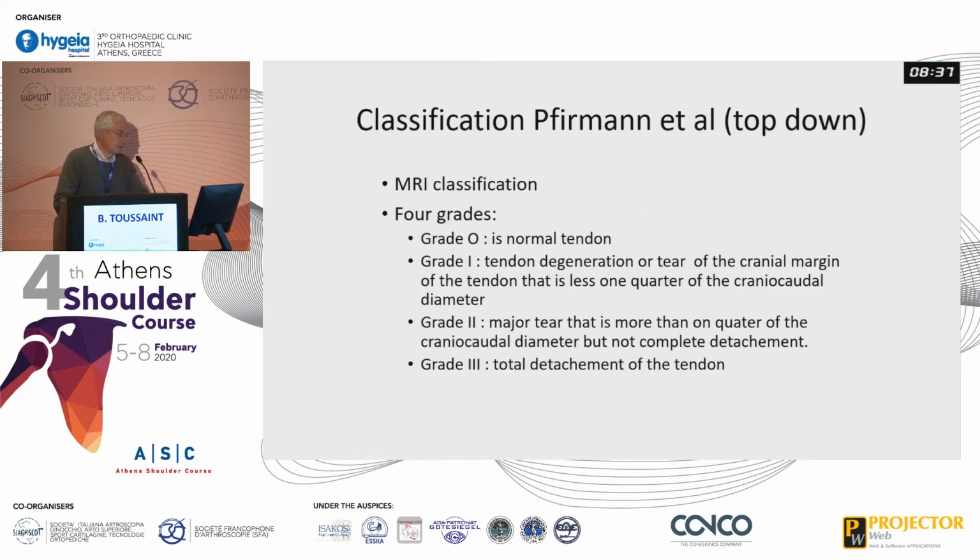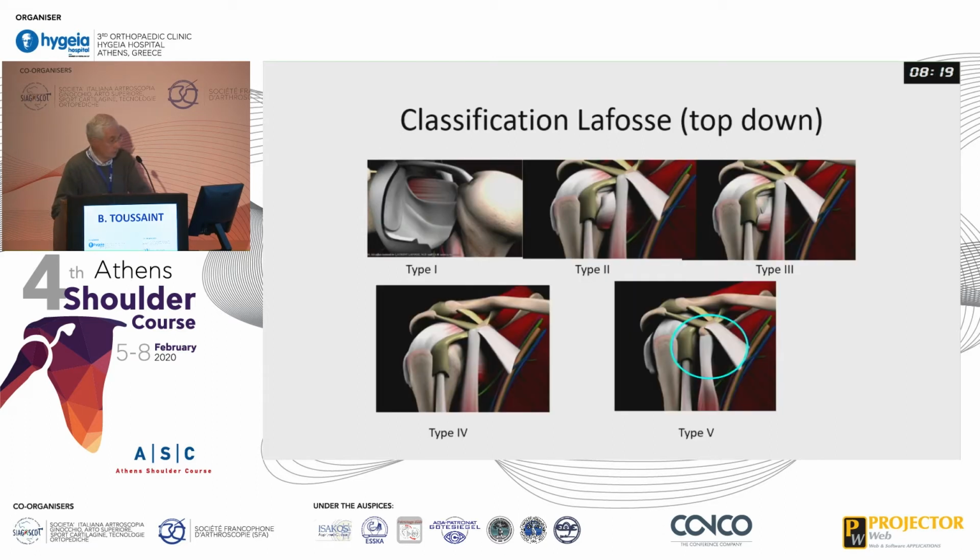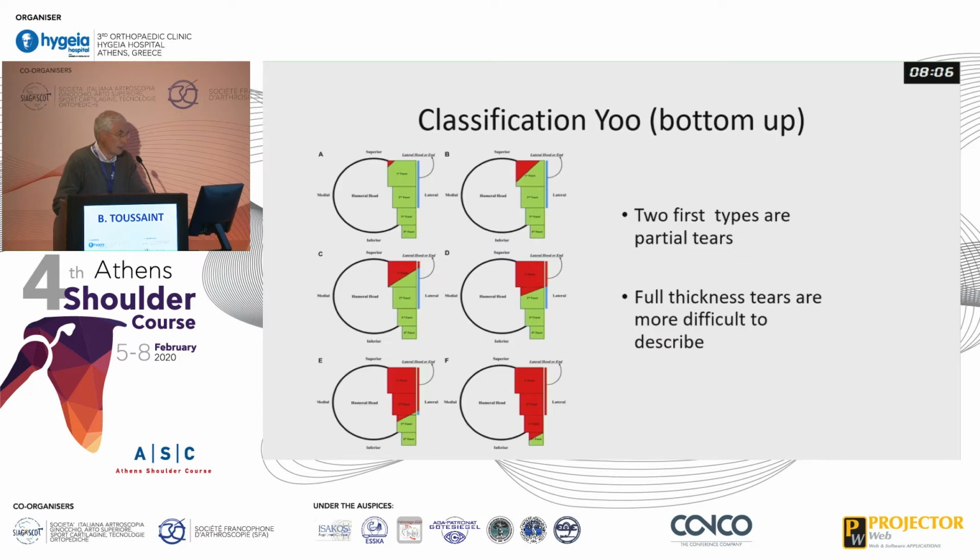The Fairman classification is only an MRI classification, and does not describe very well the partial tear or full thickness tear in the different grades. The classification of Laurent Lafosse describes some full thickness tears, but not partial thickness tears.